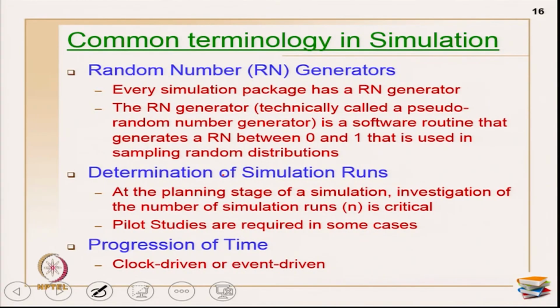It is primarily called a pseudo random number generator. It is a software routine that generates a random number between 0 and 1 that is used in sampling random distributions. If you are keen, open an Excel sheet, type random and press it down, and you will get different values across the complete set. You can do it later and check.